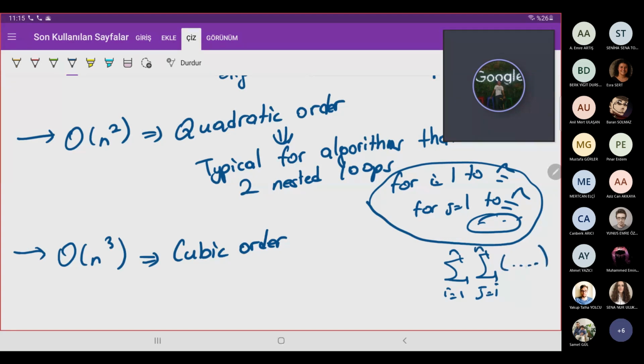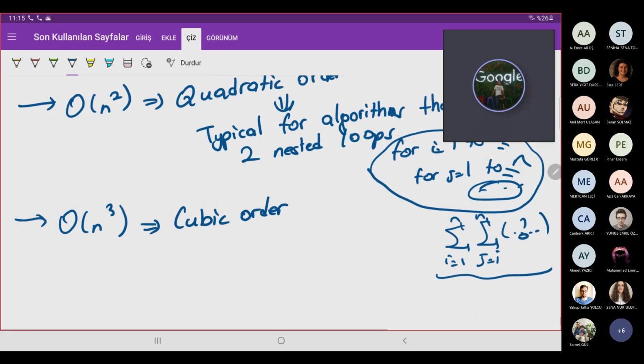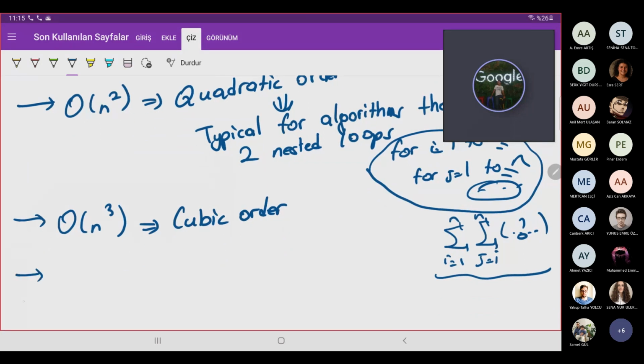Depending on what happens here, you need to use your discrete math knowledge. There is not any direct answer to your question. You use these replacements and find an explicit function in terms of n for the entire thing. It all depends on what happens here. So cubic order. Now, big O a to the power n.